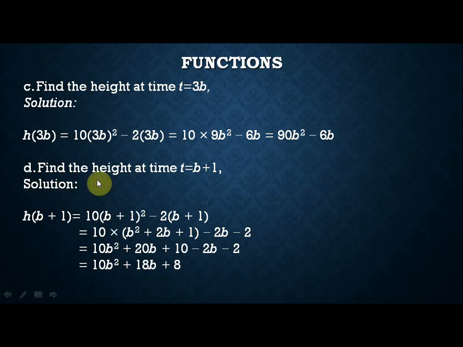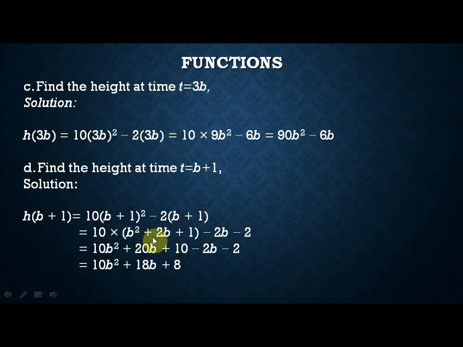Next, part d is find the height at time equal to b plus 1. So we put it in the given function: h of b plus 1 equals 10 times (b plus 1) whole square minus 2 times (b plus 1). Here we apply the expansion of algebra, or you can apply the first identity of algebra, (a plus b) whole square equals a square plus 2ab plus b square. Or you can also expand by writing the two brackets.